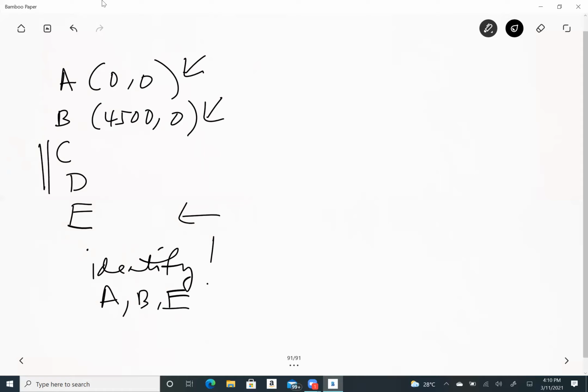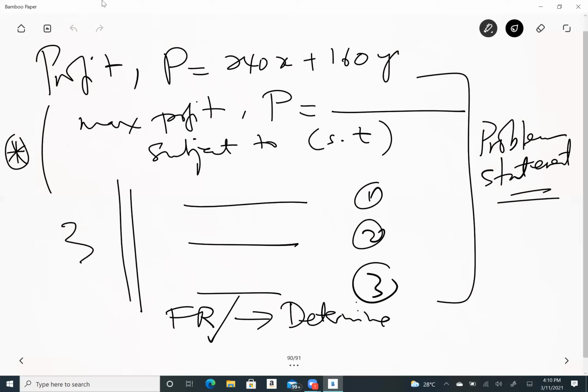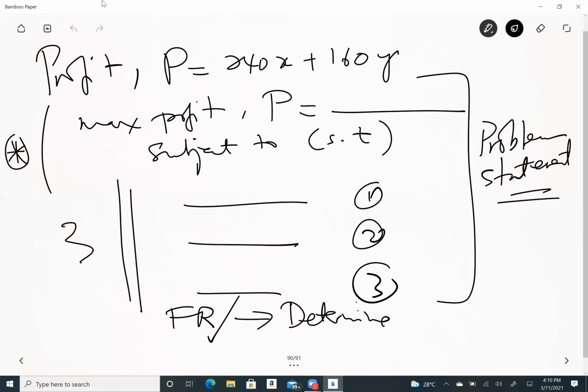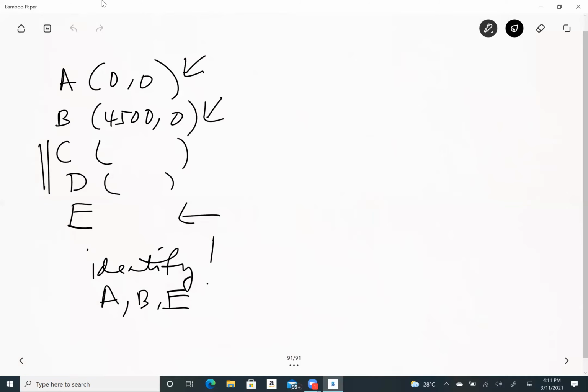But if you look at C and D, if you identify from the graph, it will not be accurate. So these points you need to determine. So you do have to determine points C and D. You have to look at the system of equations for C or D. That is why we need to label the lines.